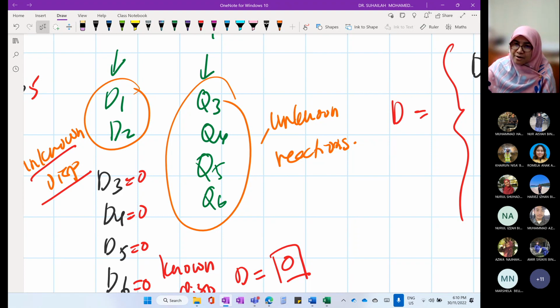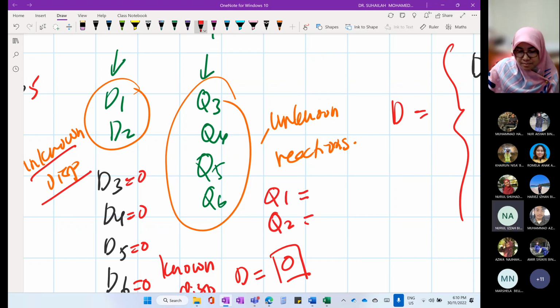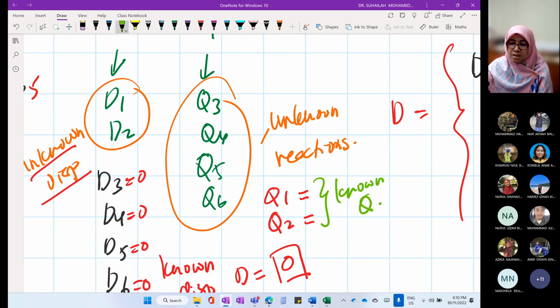So unknown reaction, or unknown Q, versus known. So this is known. Known Q means you must know the definition of Q1 and the definition of Q2.